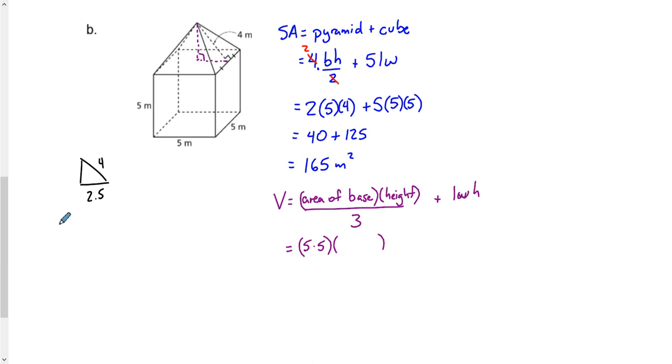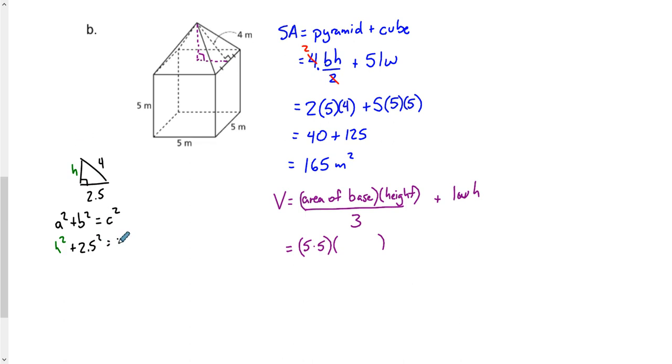So by using our Pythagorean theorem, a squared plus b squared equals c squared. Of course, I would not expect that you'd have to write down the formula all the time, but I would expect that you'd be plugging your values in. Let's call this our height. So our height squared, add our 2.5, because that's the leg of the right triangle.